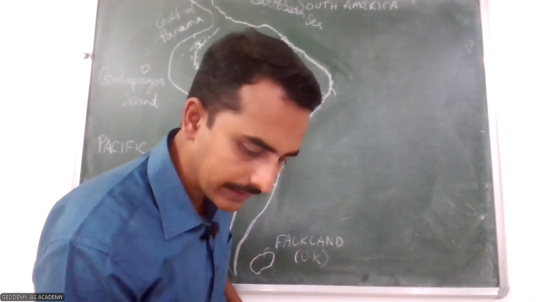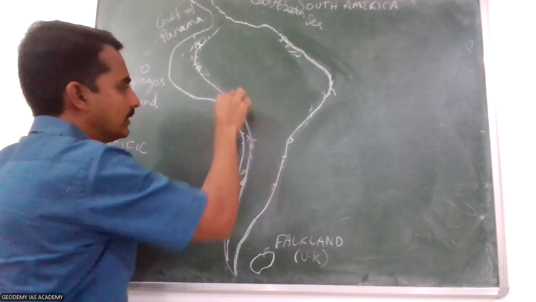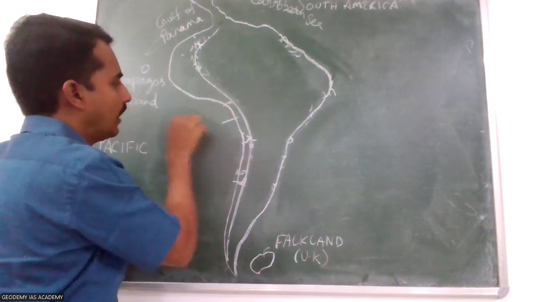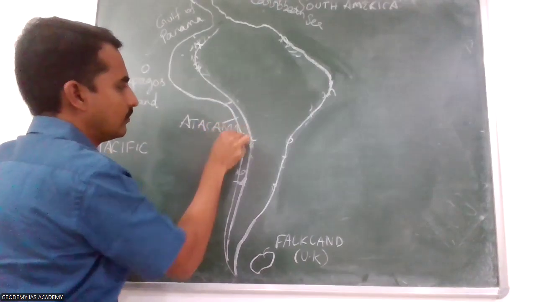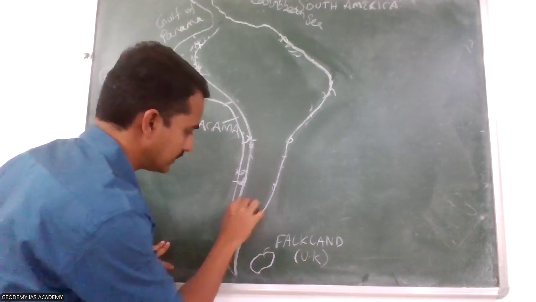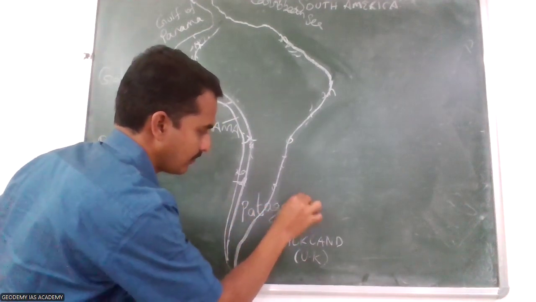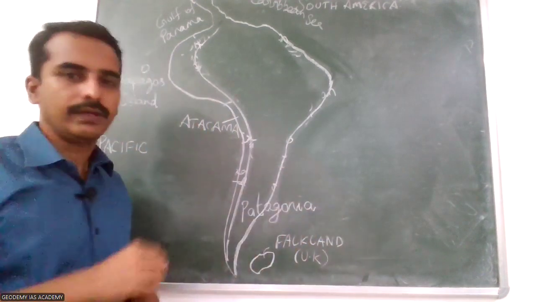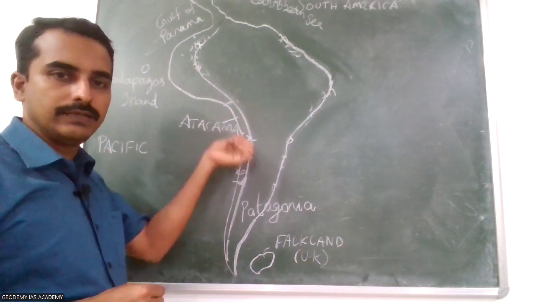The Atacama Desert is drier than the Sahara Desert. In this spot here, it is located, the driest spot. And here it is Patagonia, the Patagonian Desert. Patagonia in Argentina, and Atacama in northern Chile.